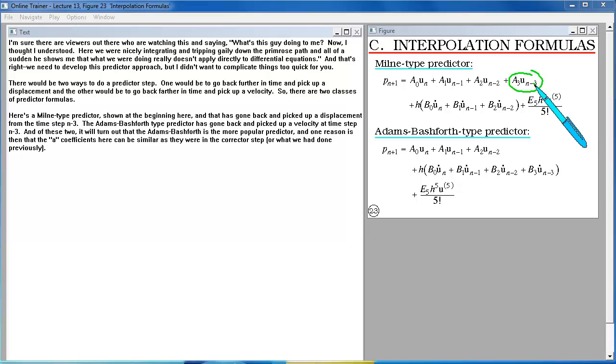The Adams-Bashforth type predictor has gone back and picked up a velocity at time step n minus 3. And of these two, it will turn out that the Adams-Bashforth is the more popular predictor. And one reason is that the A coefficients here can be similar to what they were in the corrector step, or what we had done previously.